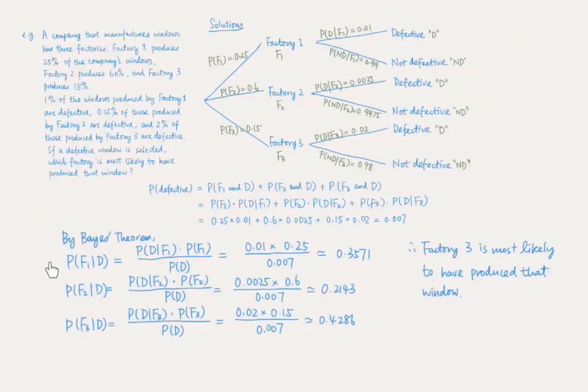Let's proceed to obtain these 3 conditional probabilities. As a remark, it is more natural for us to know which factory produced the window first and then determine the probability that the window is defective. But it is rather unnatural to know that the window is defective first before we determine the chance that it is produced by a particular factory.